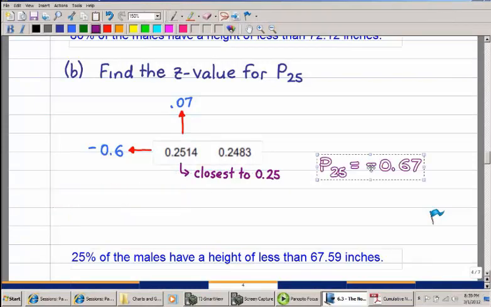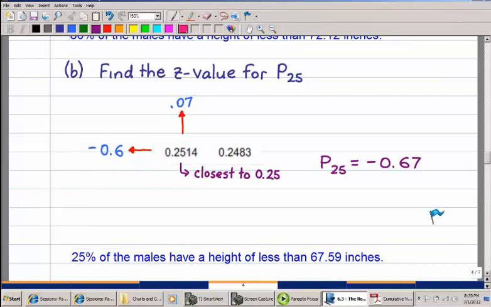Now, I can write this out as x equals 69.6 plus my z of negative 0.67 times standard deviation of 3.